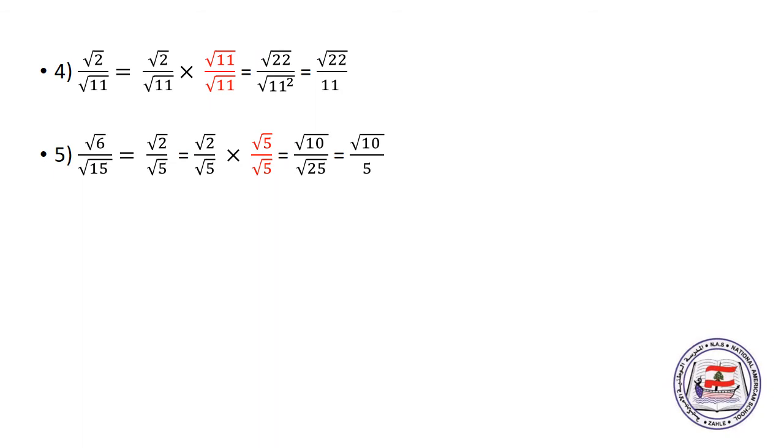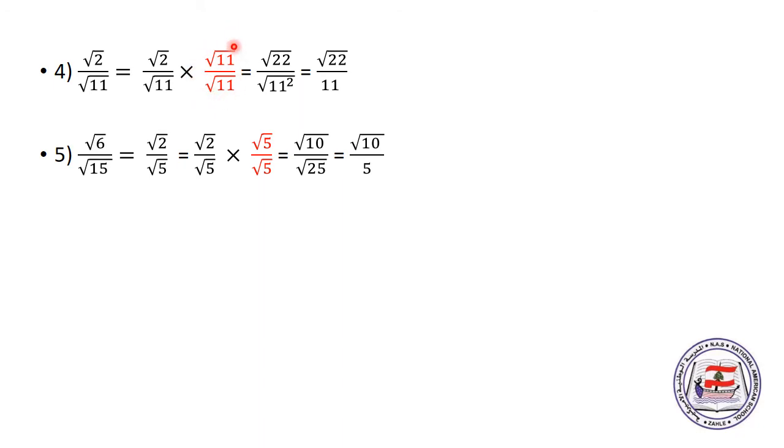Now in number 4, we have radical 2 over radical 11. It's already a reduced fraction, so we need to write the fraction without the radical in the denominator. In order to do that, we need to rationalize the denominator. It means we need to multiply the numerator and the denominator by radical 11.